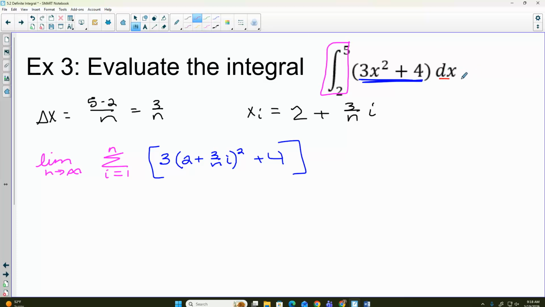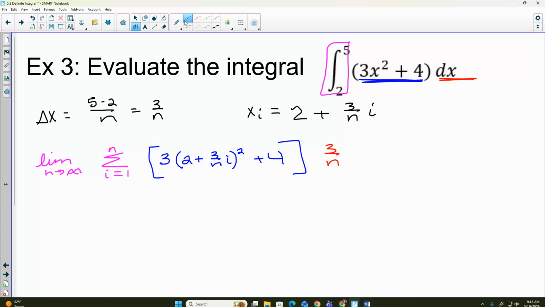And then what do we change dx to? The dx is my change in x. Did everyone follow how all the pieces go into the puzzle?